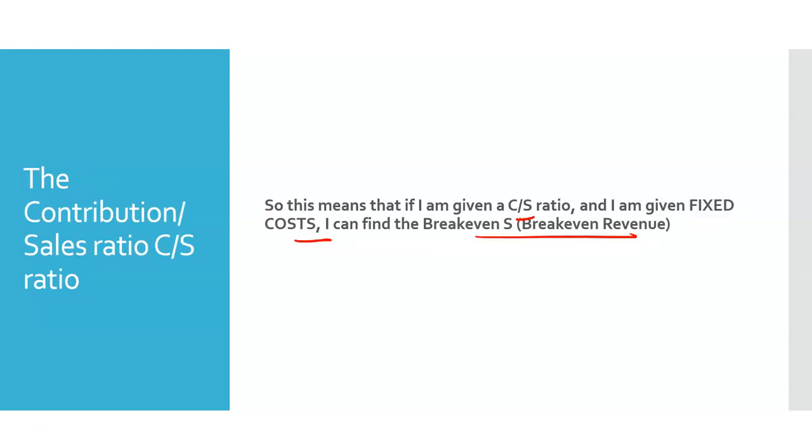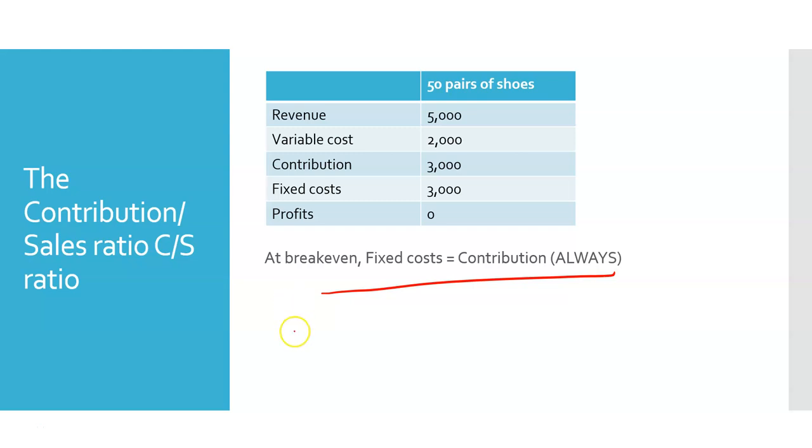Right, good. And in this scenario, the C over S ratio, of course, is 3,000 over 5,000, which is equal to 0.6. Now, if in any exam they tell you fixed cost of 3,000 and the C over S ratio is 0.6, what is the break-even revenue?